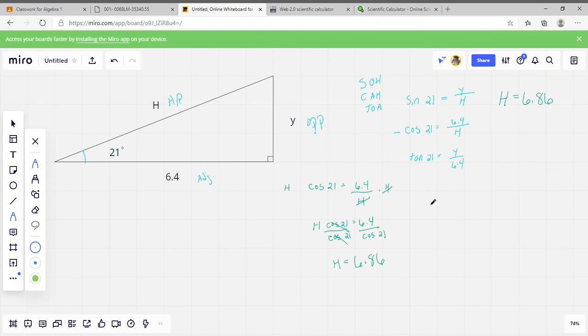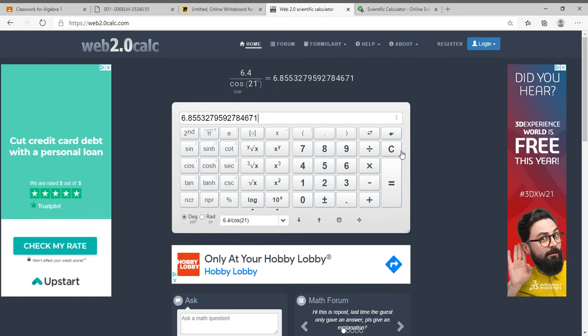And then we're going to do the tangent, so tan 21 equals y over 6.4. So I'm just going to multiply times 6.4 on both sides. So I need 6.4 times the tangent of 21.